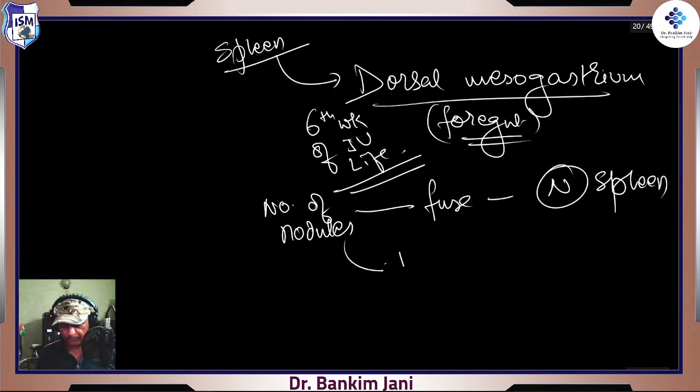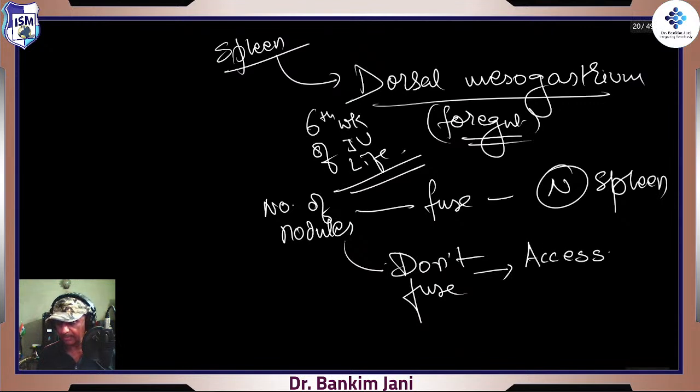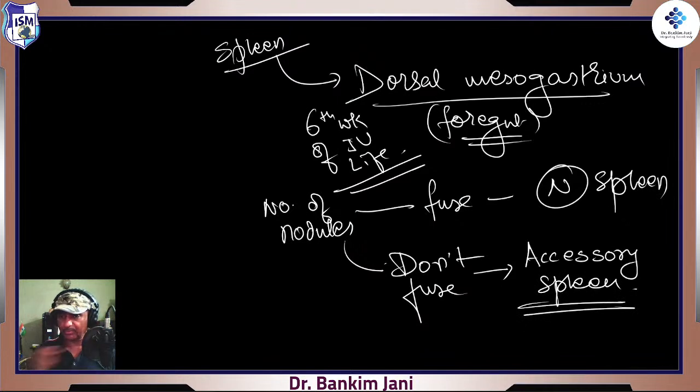And if, for some reason, they don't fuse, they will all be scattered. Such scattered nodules are called accessory spleens. In certain conditions, if the spleen is very destructive, we need to tell the spleen to get lost, not to break those cells, so you do a splenectomy.